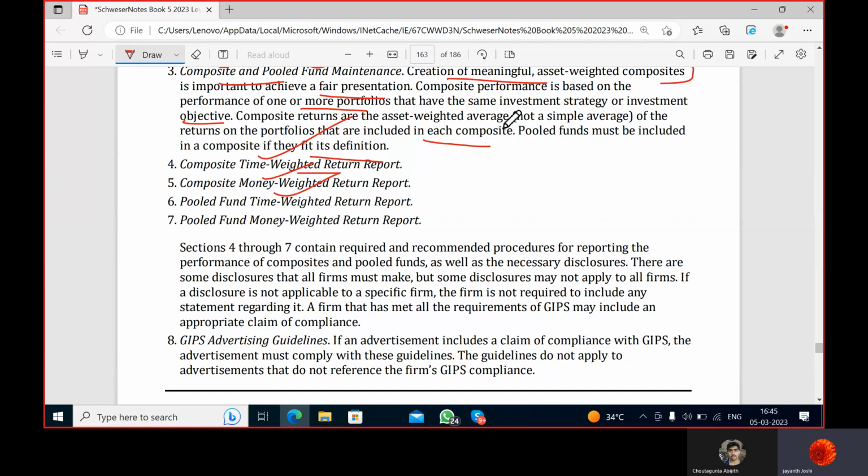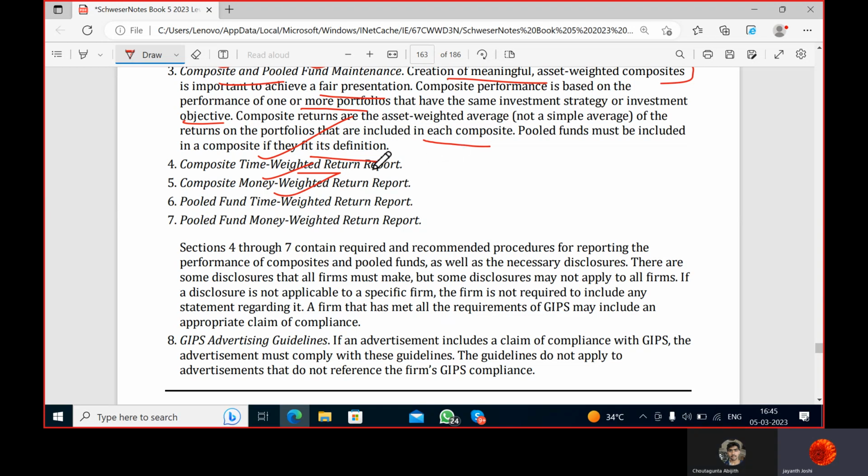Generally, what can be an example of a pooled fund and a composite fund? A composite fund may comprise several different asset classes. For example, an investor may choose a combination of equities and ETFs. A pooled investment can be compared to a mutual fund where they are pooling money, or insurance or pension, and the fund manager takes a call on where to invest.